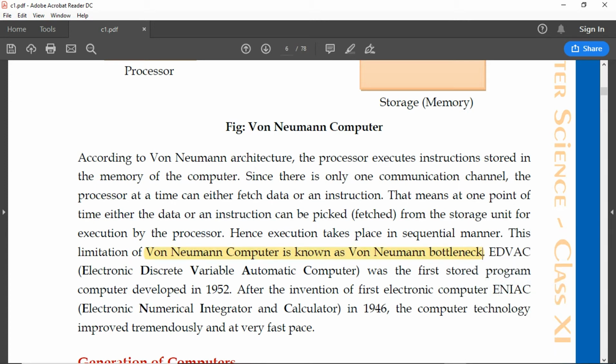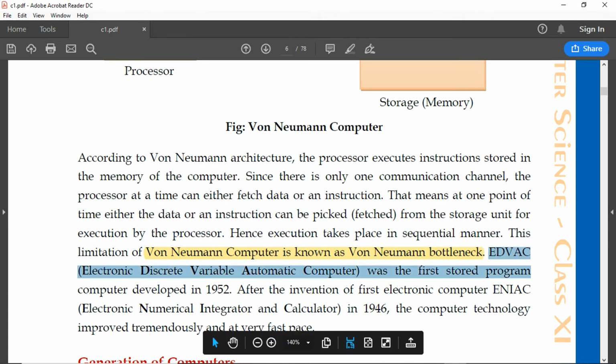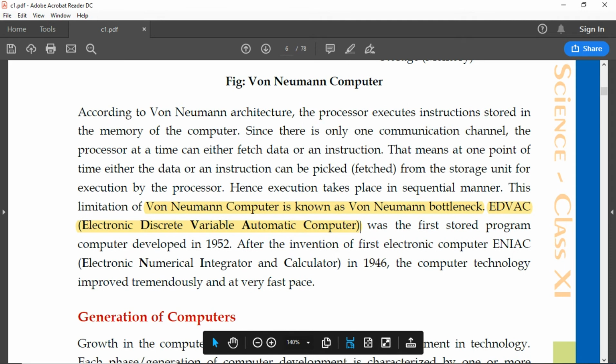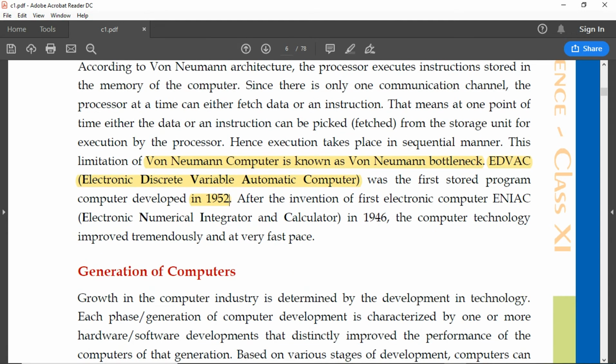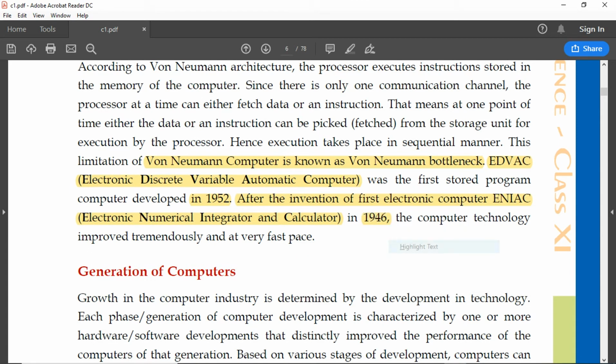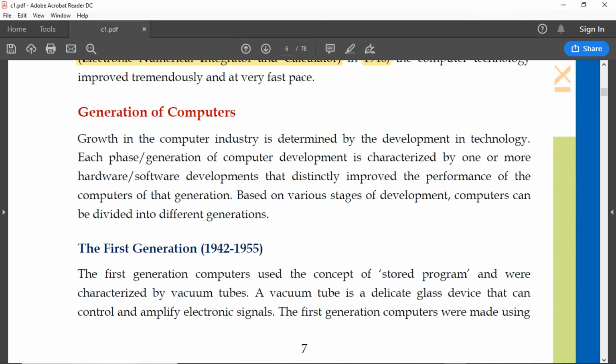EDVAC. Electronic Discrete Variable Automatic Computer was the first stored program computer, developed in 1952. After the invention of the first electronic computer ENIAC, Electronic Numerical Integrator and Calculator, in 1946, computer technology improved tremendously and at a very fast pace.